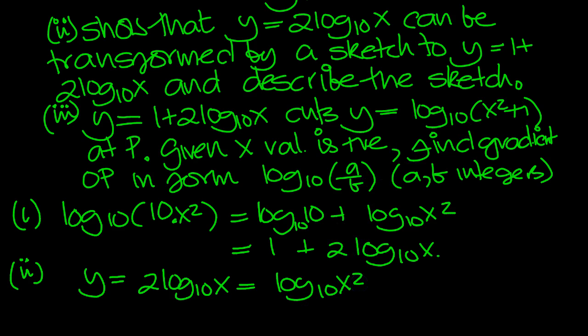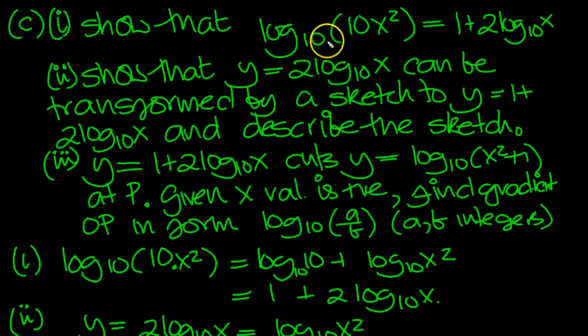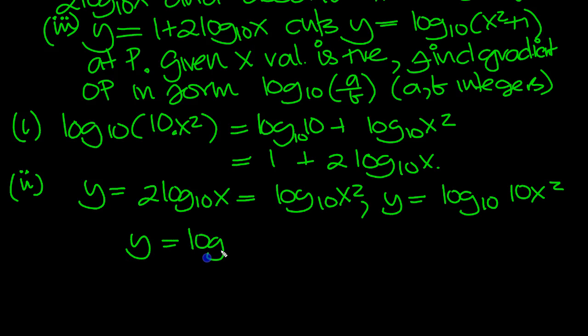Now when you add 1 to it, it can be transformed to this. And this, by part 1, was equal to log 10 of 10x squared. So this can be transformed then to y equals log 10 of 10x squared. So we've got essentially y equals log 10 of x squared.